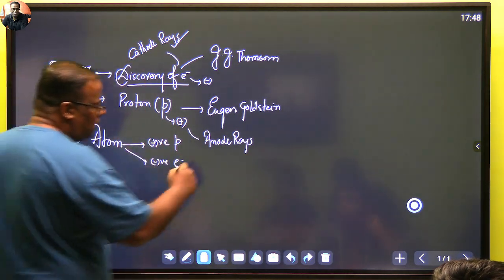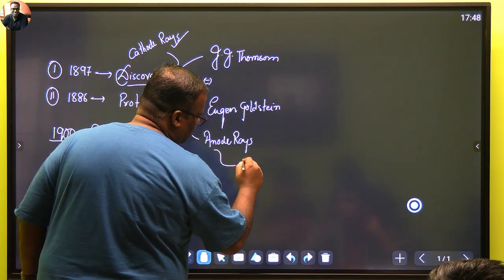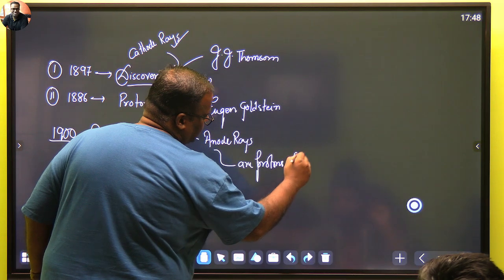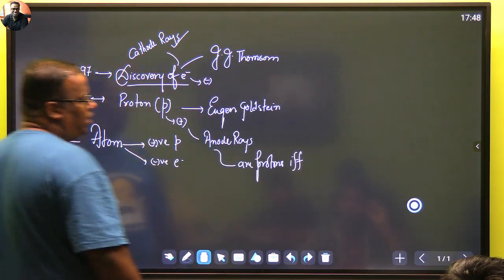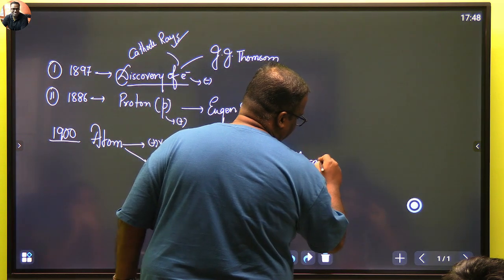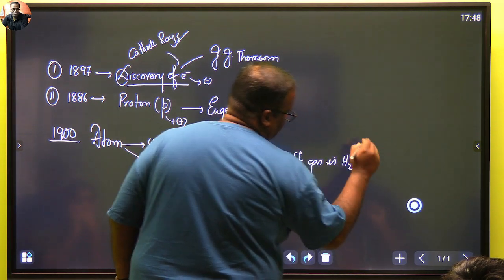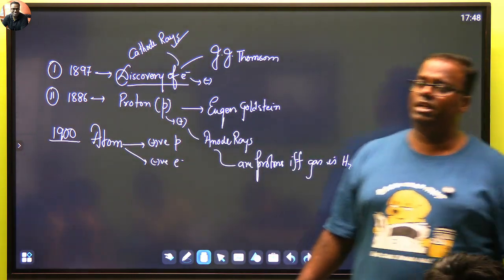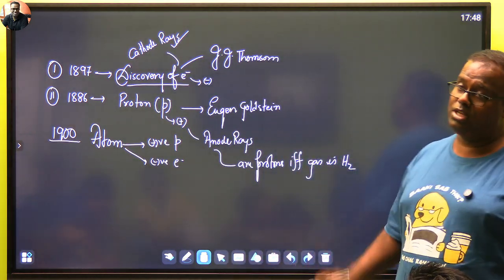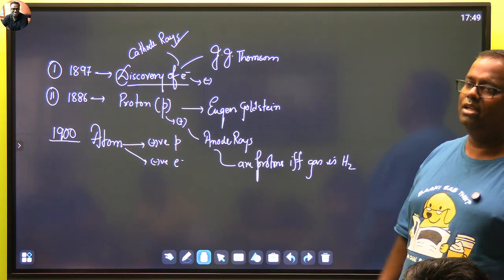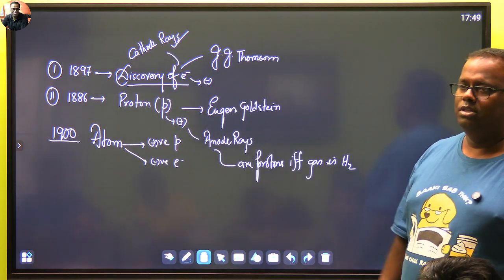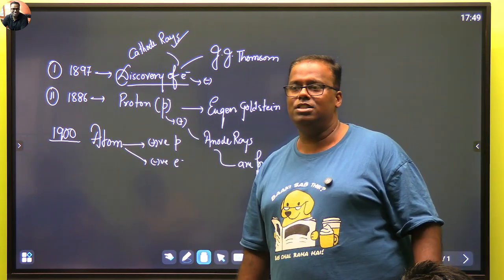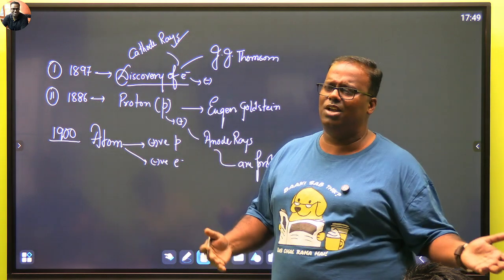And for a little higher study: are anode rays protons? Anode rays are protons IFF, which means if and only if the gas is hydrogen. Otherwise, anode rays are not protons. Many books will write that anode rays were protons. No, anode rays are protons only if the gas inside the gas discharge tube is hydrogen. However, in the case of electrons, whatever gas you put in the discharge tube, it is an electron.